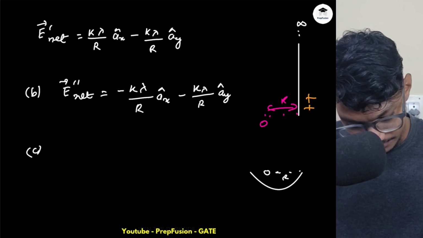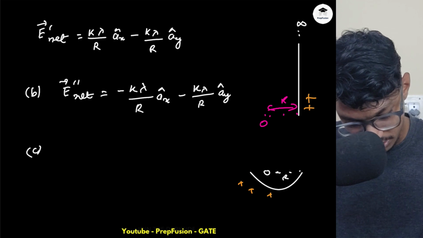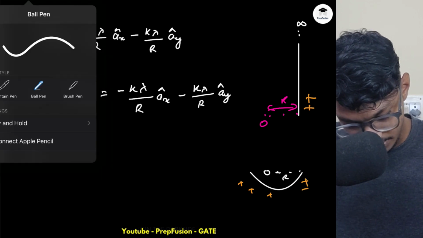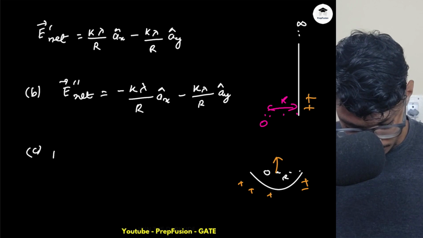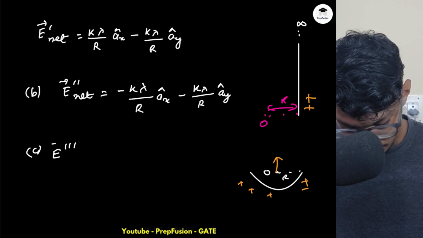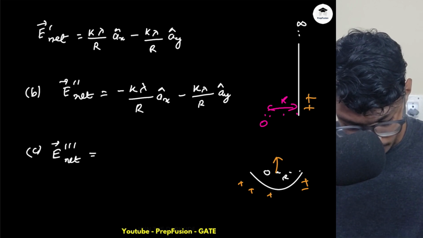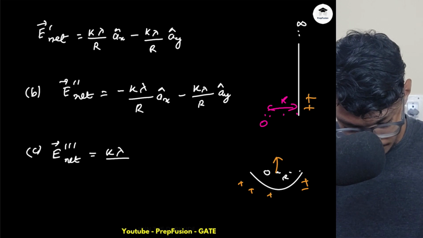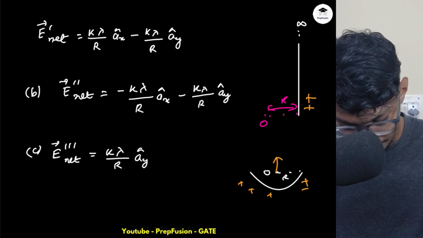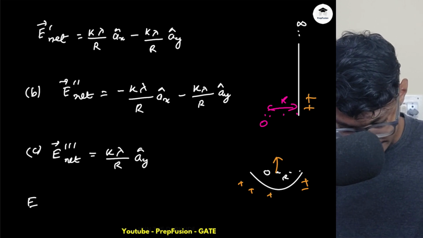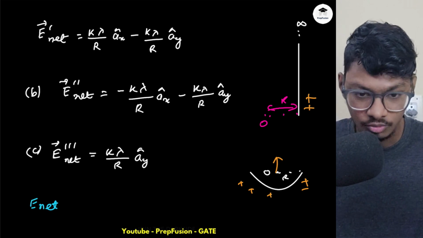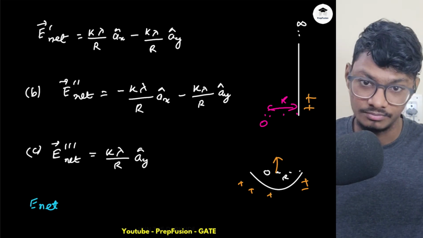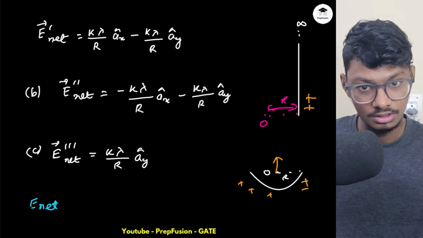Due to this symmetry, my electric field will be in this direction. So E triple dash net will be k lambda by r plus ay cap. Now the overall E net of the whole combination will be the sum of the electric fields.